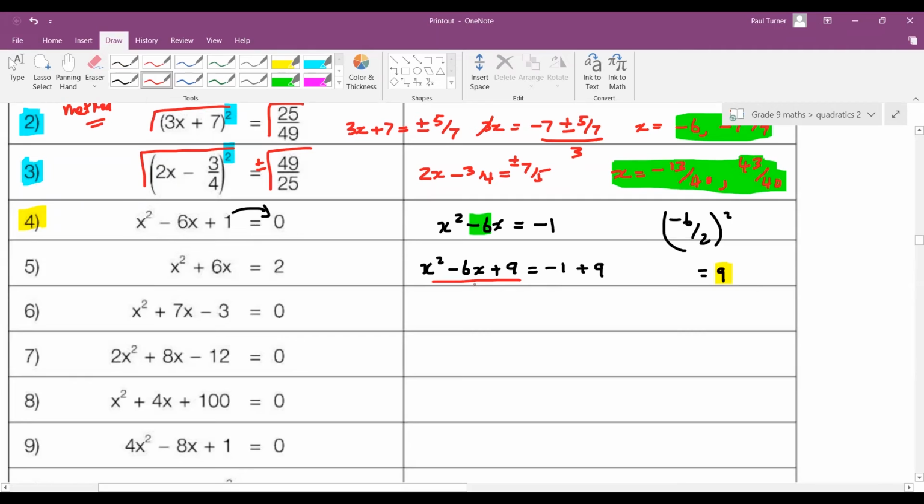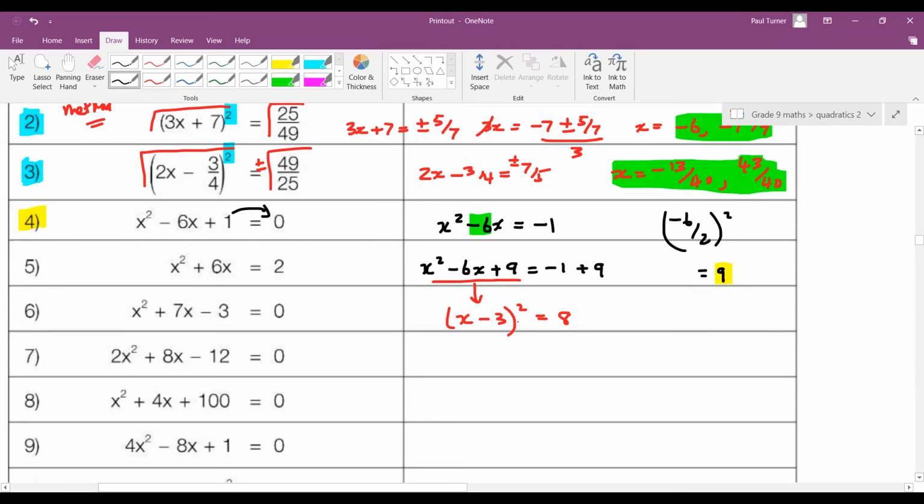So you need to make this a complete square. X minus 3 all squared, equals 9 minus 1 is 8. So now we have the same situation as in questions 1 to 3.